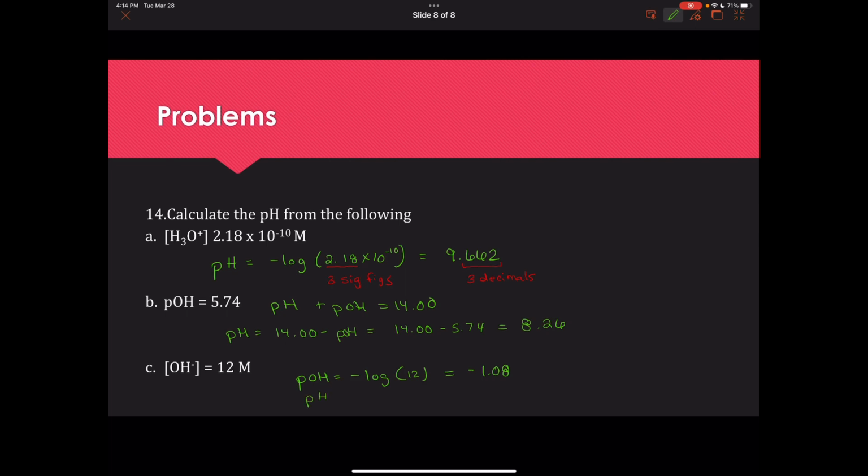And then my pH would be 14 minus that value, which is just going to give me 15.08.